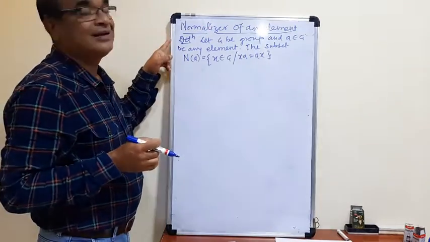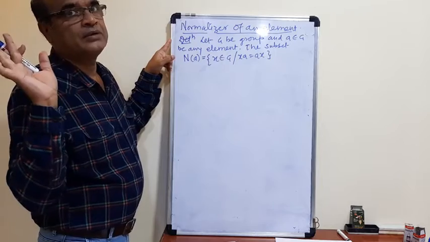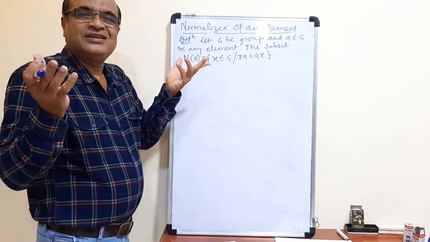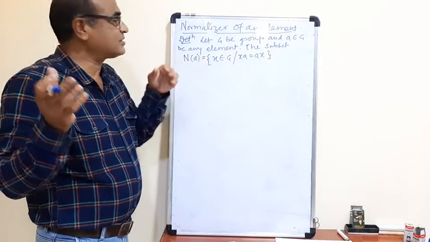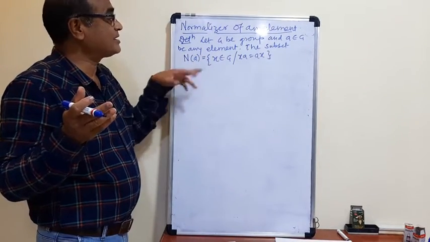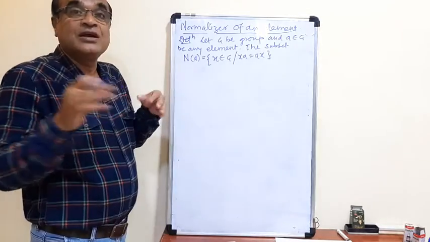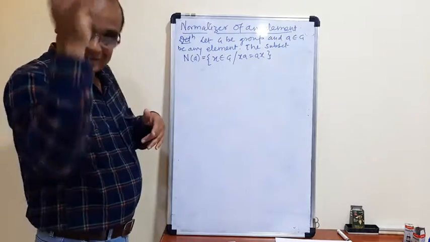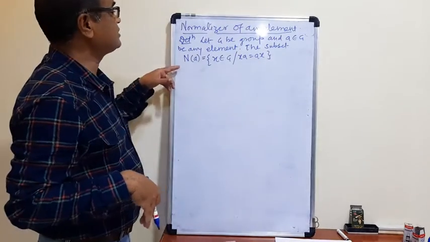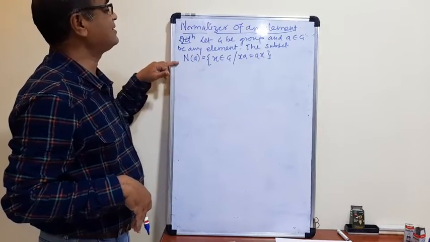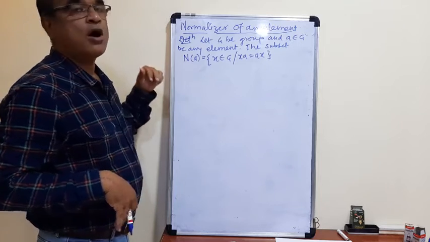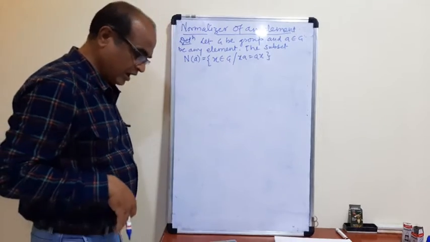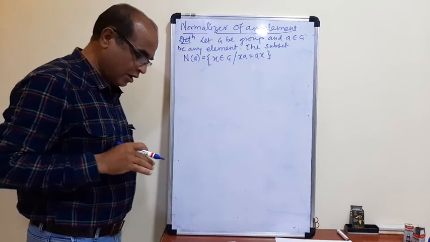Here it is only for the element A. In the center of G, which is Z of G, it is the set of all X belonging to G where Xg is equal to Gx for all G belonging to capital G. And this is the normalizer of an element, or centralizer of an element A.